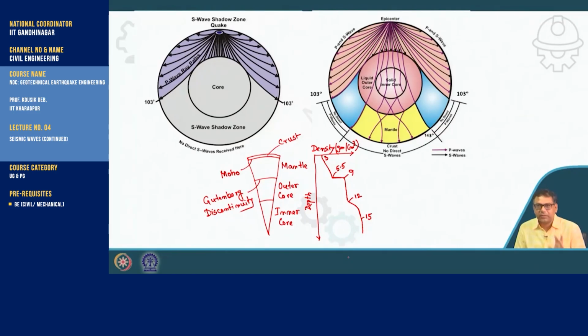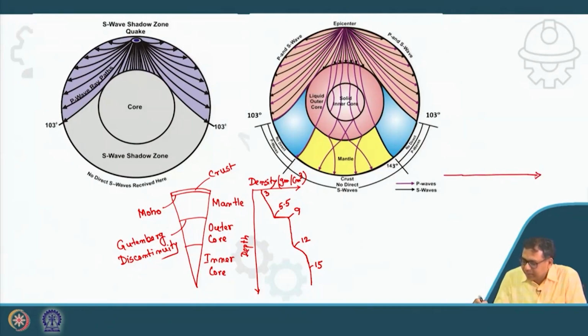Earth. Clear? But now if I draw the wave velocity pattern, shear wave and P wave, you will see this is the depth. So depth-wise variation. First I will draw the shear wave.